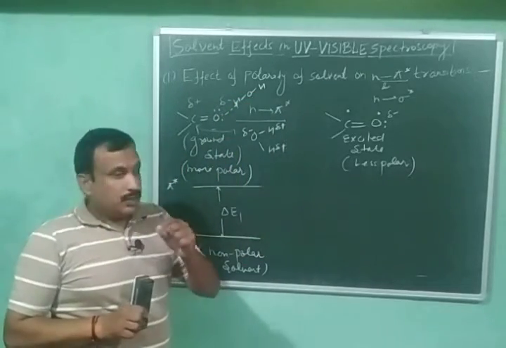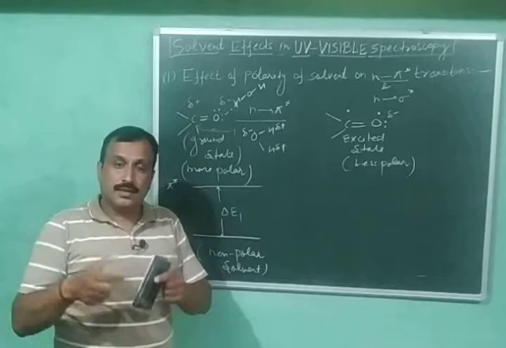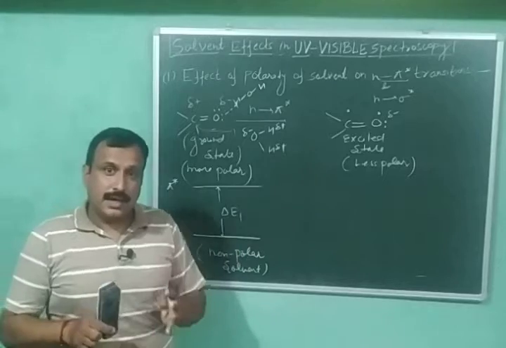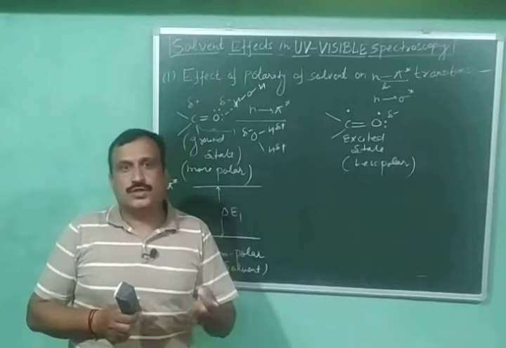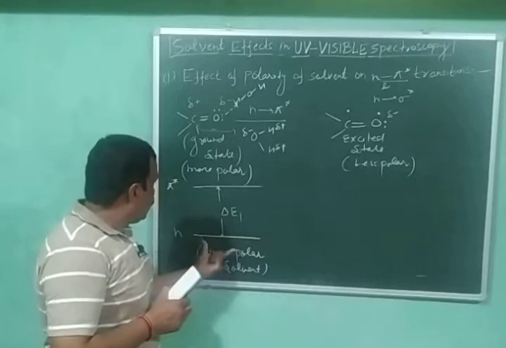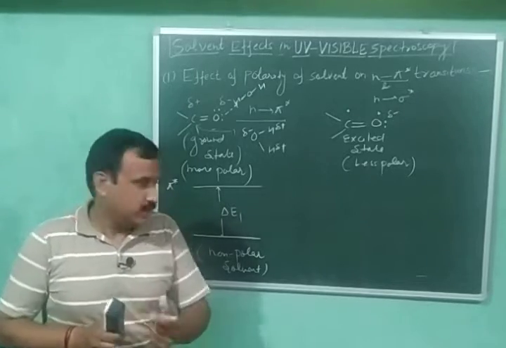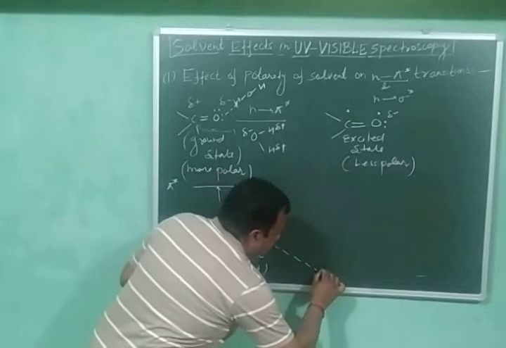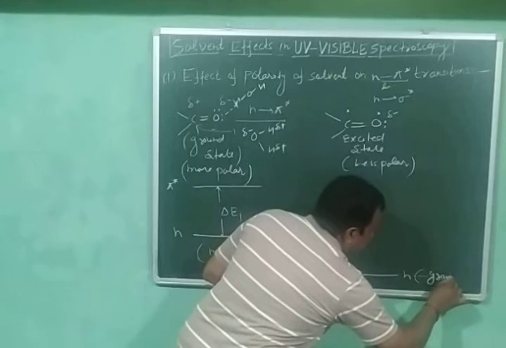Any type of interaction, whether it is dipole-dipole or hydrogen bonding, leads to stability and a decrease in energy. So due to these interactions, the ground state will fall in energy, that is, the energy of the ground state will decrease more, like this.